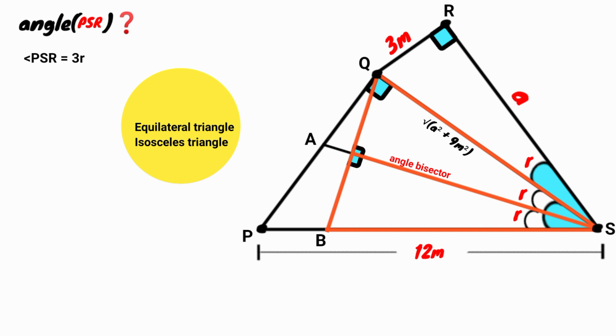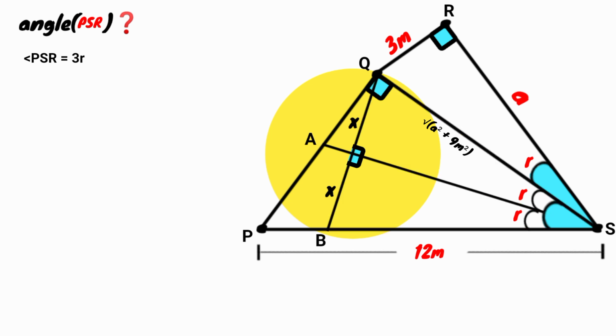In both the equilateral triangle and the isosceles triangle, such an angle bisector bisects the side. Therefore, this side is bisected. That is, this segment and this are congruent. We let them be x in length each. Now let's call this point C.